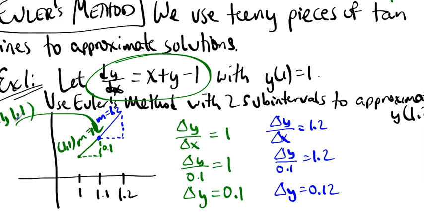If we started at this y value and we went up that far, then the new y value, which is approximately the y value at 1.2, is the old y value plus the change in y, and we have an approximation for the y value at 1.2.